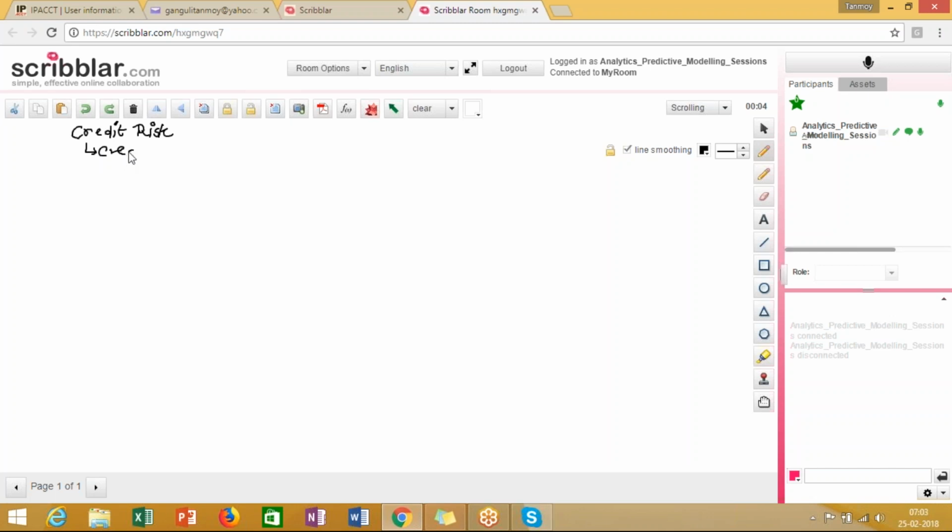So credit risk is nothing but credit plus risk. This is credit, and second that I have over here is risk. Now, first of all, what is this credit?